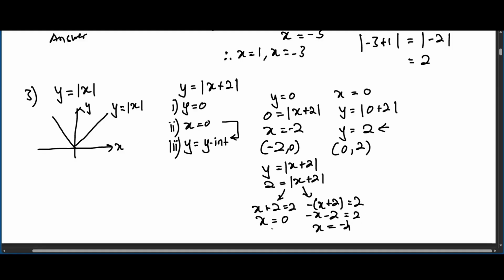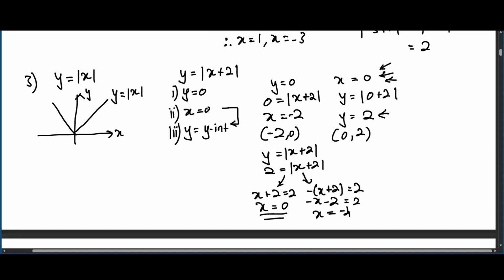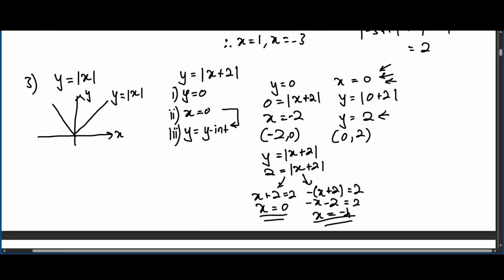All right. So if you notice, x equals 0 is what we already have here. So we don't need that. Now what we need is x equals negative 4. This one. Okay, so now we have our third coordinates: negative 4 and 2.